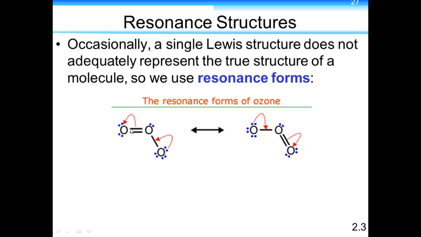Well, in reality, these are resonance structures, or resonance forms, or resonance hybrids. Neither of these two structures is really the true structure of ozone. But drawing out both of these possible structures with this double-sided arrow gives all the resonance forms of ozone.